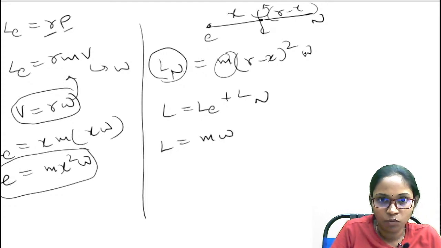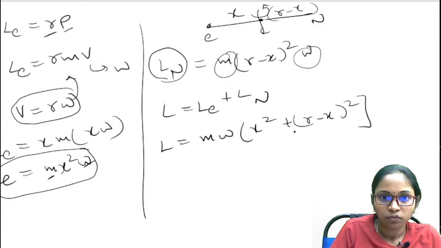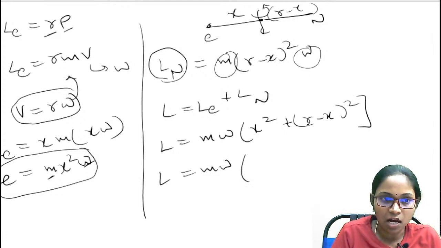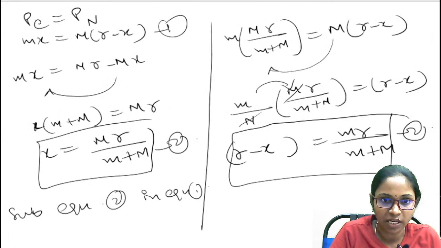Therefore, it will be equal to m omega. I am taking m omega common in both these equations. We are left with x square plus (r minus x) whole square. Now substitute the value of x and r minus x. What is the value of x we have?